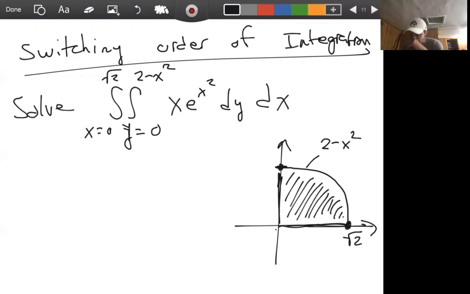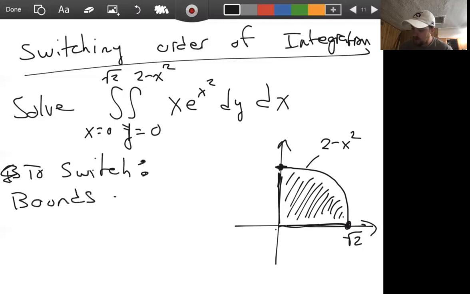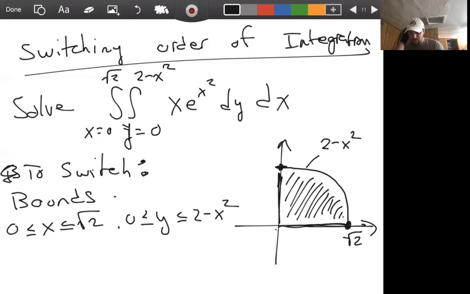Okay. And let's say we want to switch the order of integration. So what are our bounds right now? Our bounds right now are, well, x goes from 0 to root 2, and y goes from 0 to 2 minus x squared, okay?